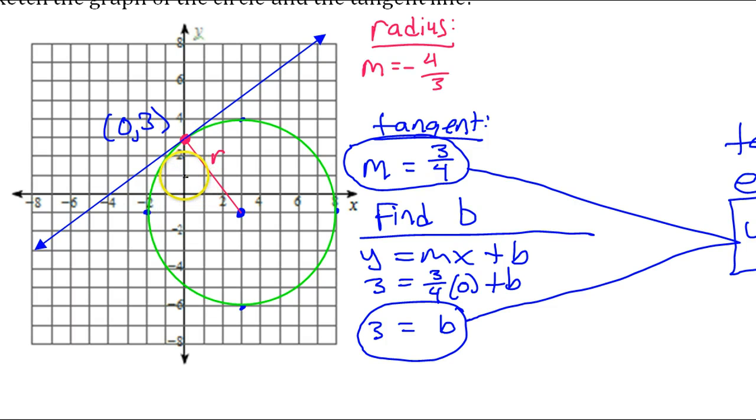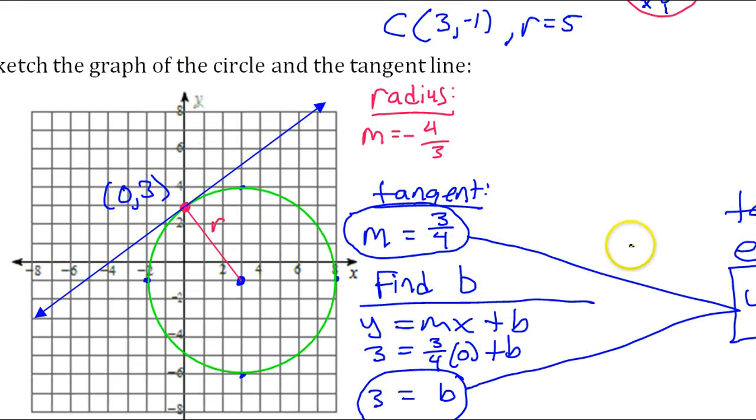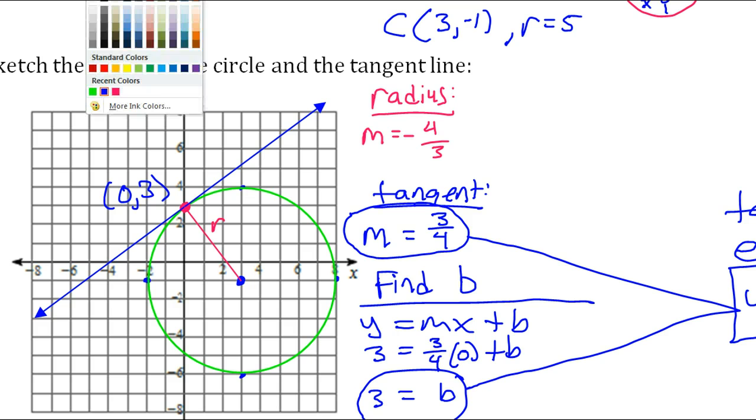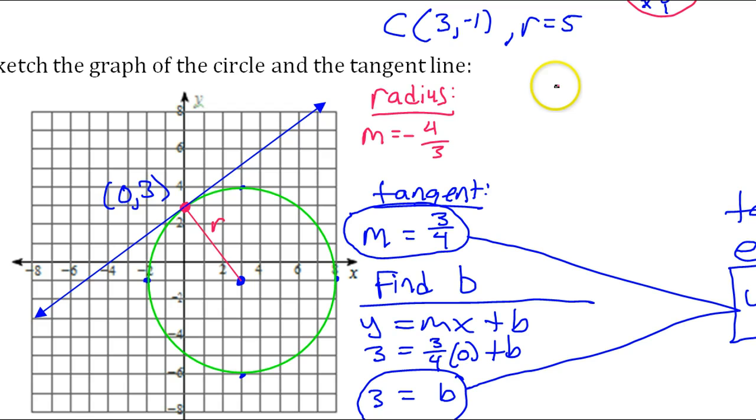So if you did not have a graph, just understand that you could have found the slope by finding the slope running between the center and the point of tangency. You didn't really need a graph to do that. Do you remember the slope formula, you guys? Do you remember this? Slope is y minus y over x minus x.